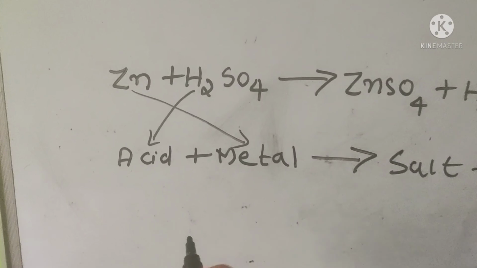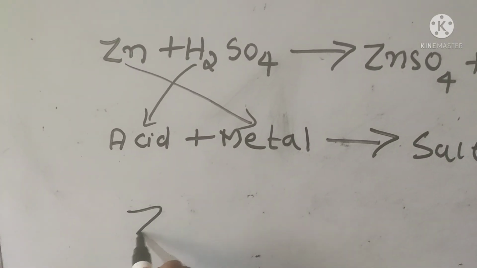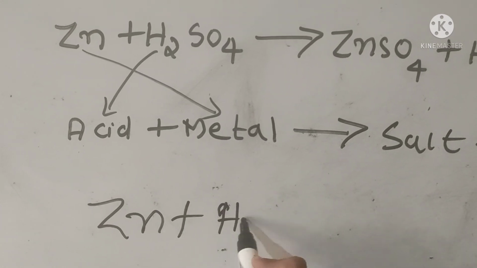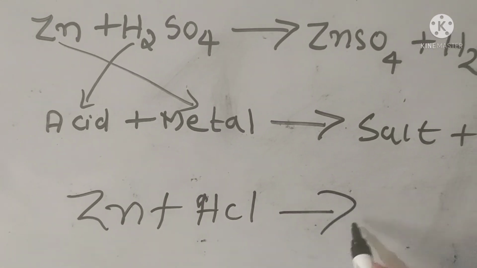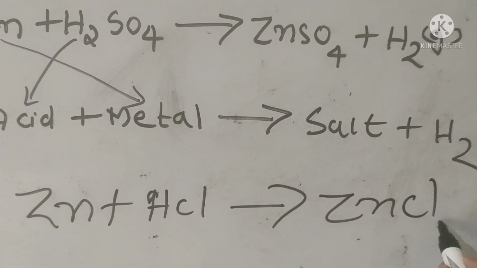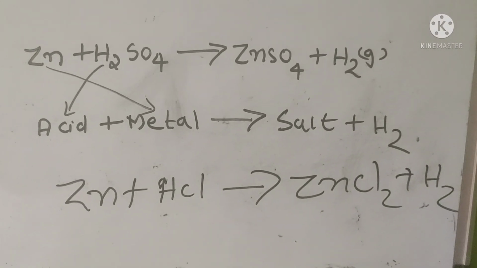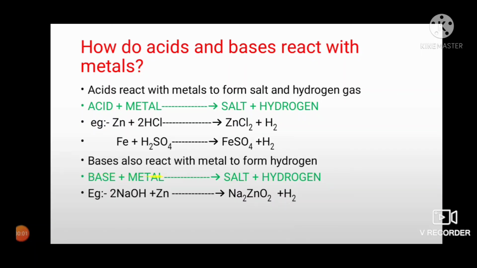If it is hydrochloric acid, the reaction becomes zinc plus HCl gives zinc chloride plus H2 gas. Bases also react with metals to form hydrogen. Base plus metal gives salt plus hydrogen. An example is sodium hydroxide reacting with zinc to give sodium zincate plus hydrogen gas.